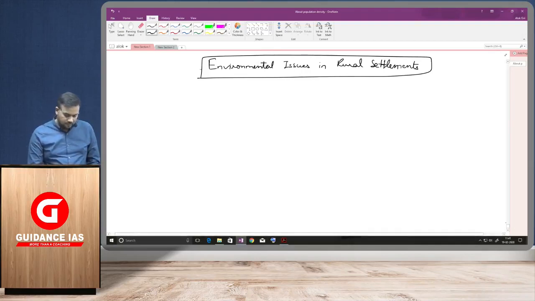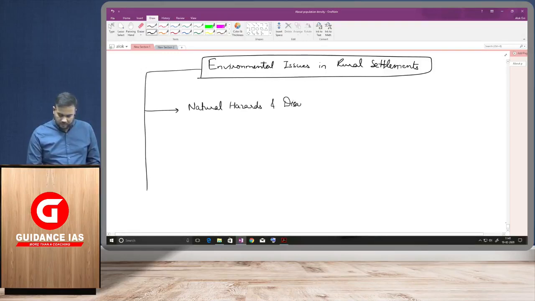Like for example, one type of environmental issues can be related with natural hazards and disasters. You tell me which are the most common types of natural hazards and disasters found in India?